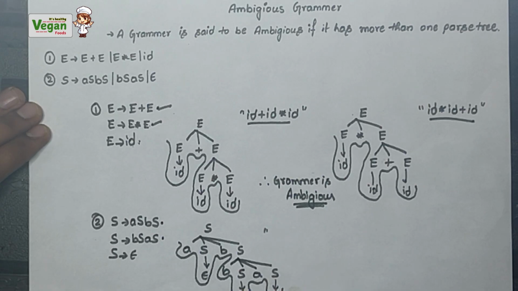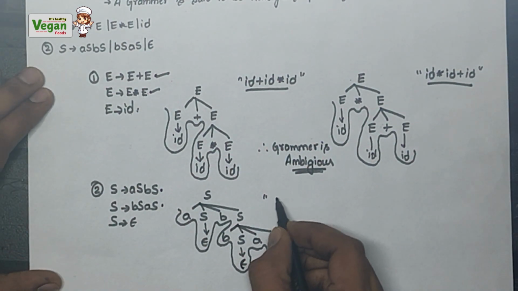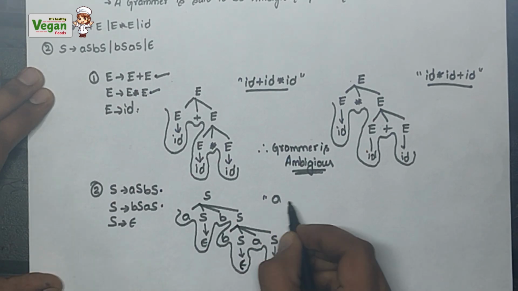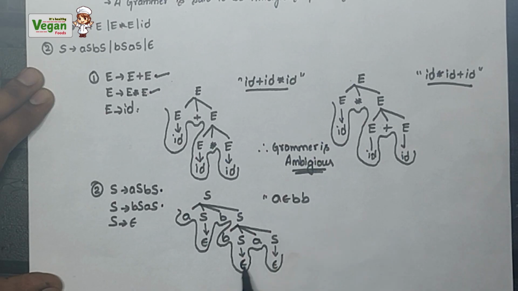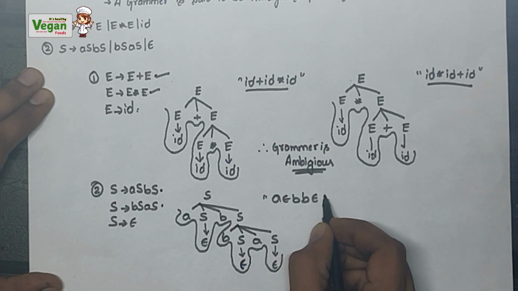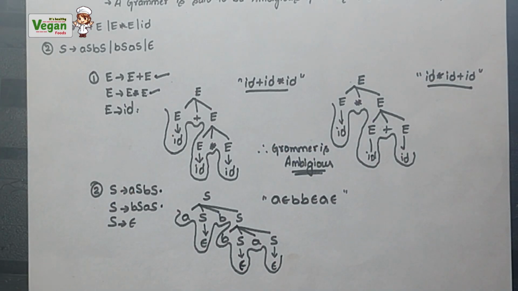What is my string? My string is A epsilon B epsilon A epsilon. You must traverse only the leaf nodes. Now this is my one parse tree. I will try to find another parse tree, and then we can conclude it is ambiguous grammar.